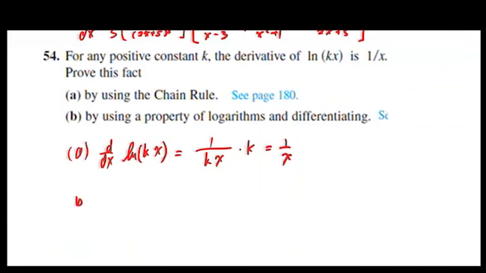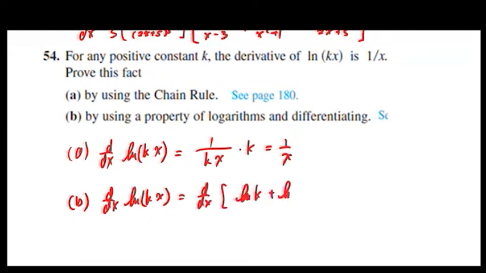Okay, b. Derivative of ln kx is the same as using the property of log, which is ln k plus ln x. Then derivative of this is constant, so derivative of constant is 0 plus derivative of this. Same thing. How about that?